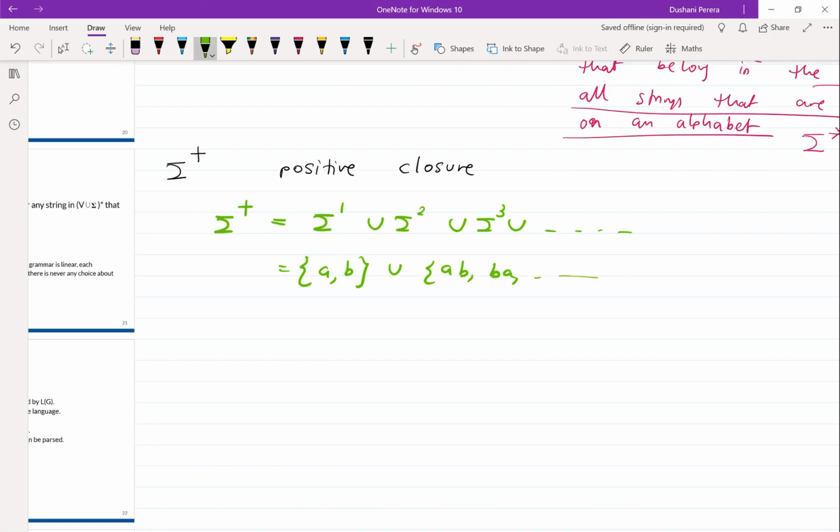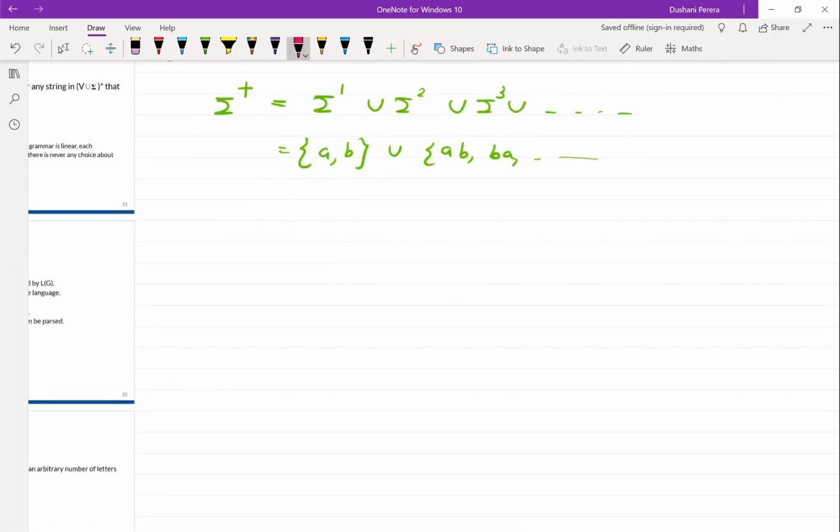We can symbolize this by saying sigma plus is equal to sigma star minus sigma to the power of 0, minus the empty string. That is the only thing which is not included in the positive closure. Are you clear up to that part?